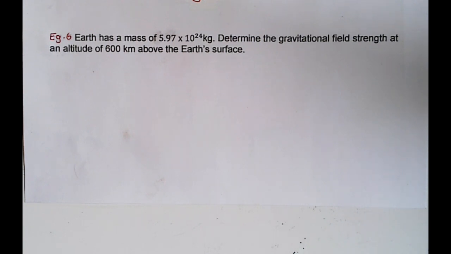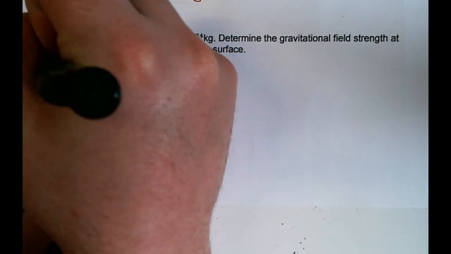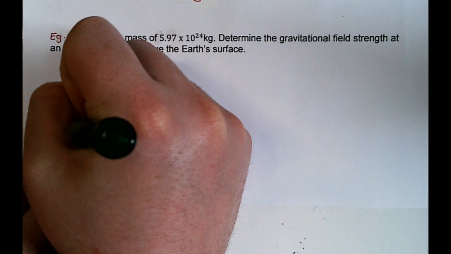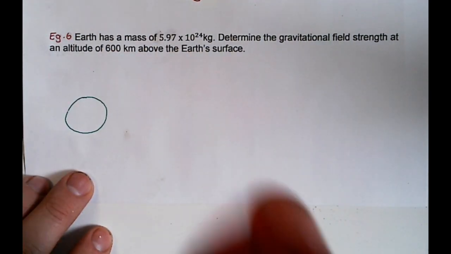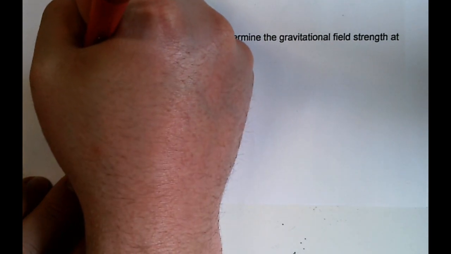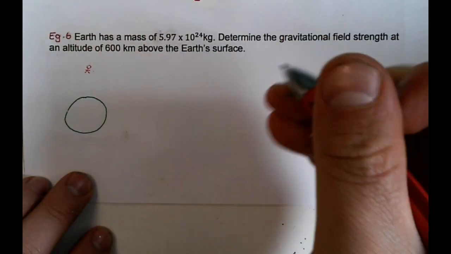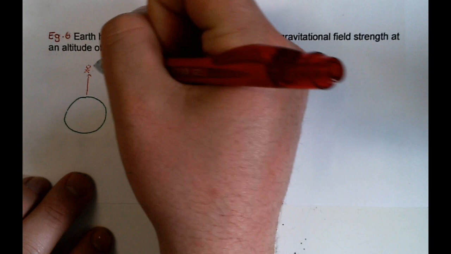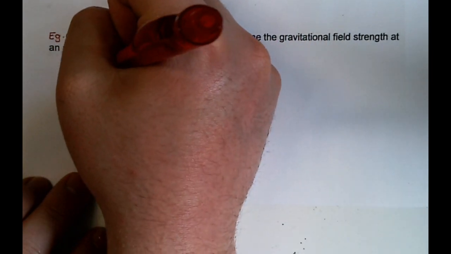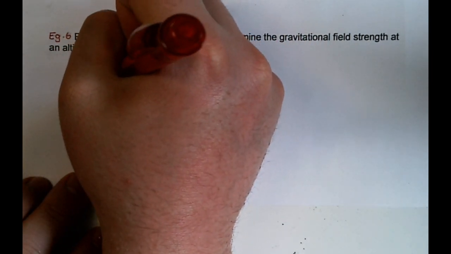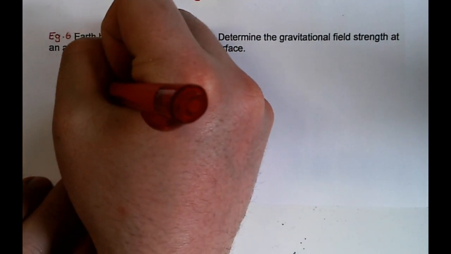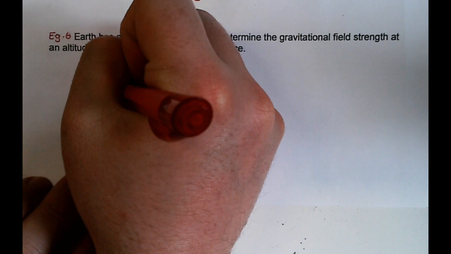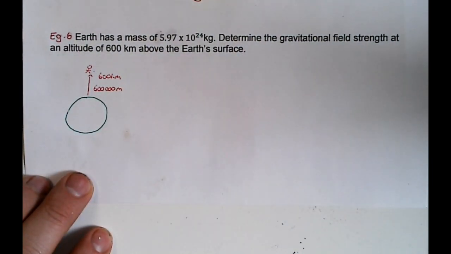If I draw this out, if we have the Earth and we are 600 kilometers above the surface, that's the same as being 600,000 meters above the surface.